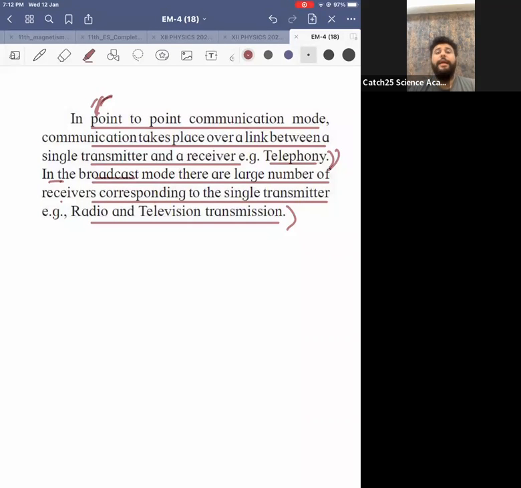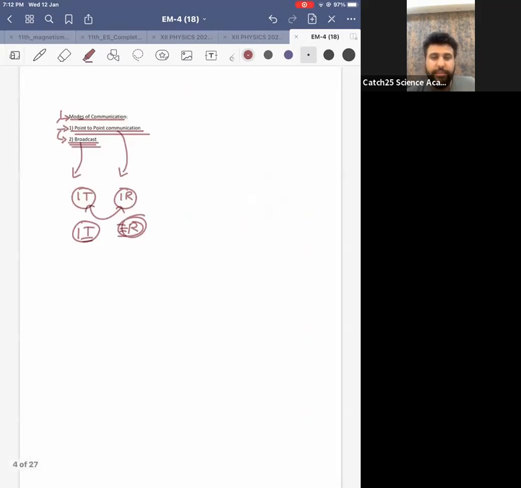Okay. Now in the exam, there is one very common and very confusing question. See here. There is modes of communication and there is modes of propagation. There are two different questions. So if they ask you what are the modes of communication, then you will tell them point-to-point and broadcast. There is one more question. What are the modes of propagation?